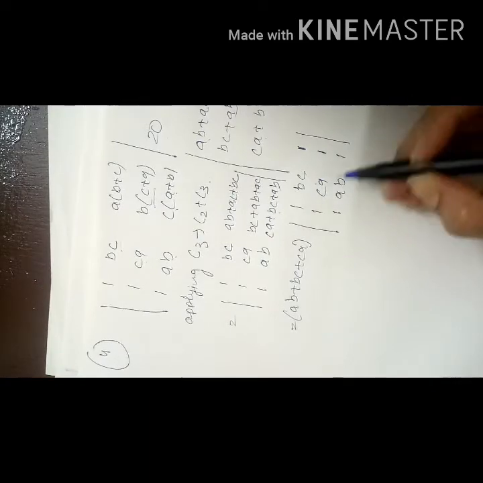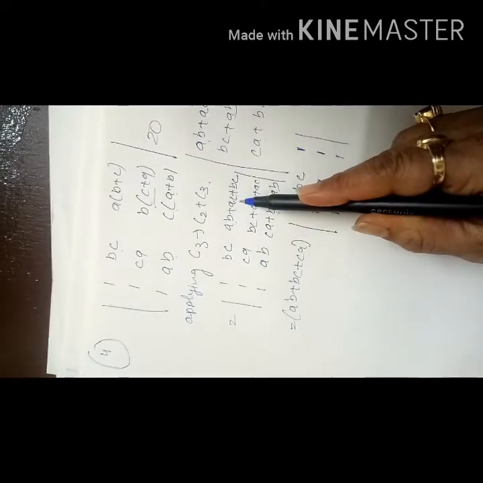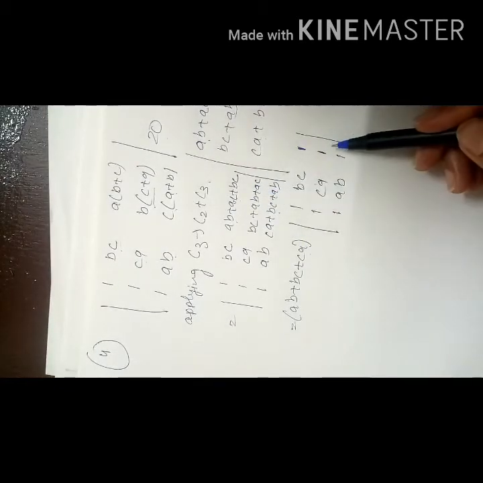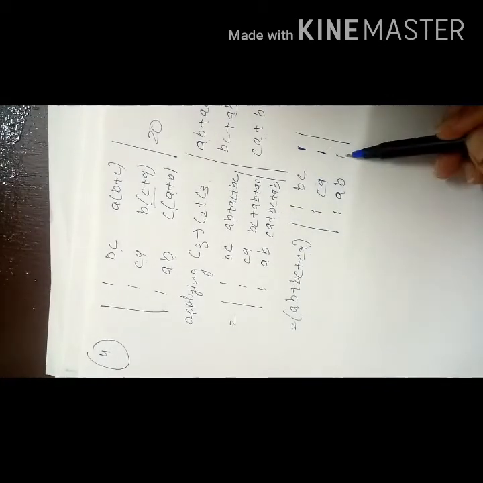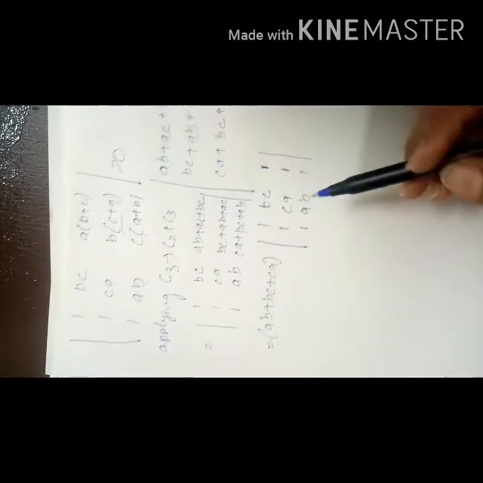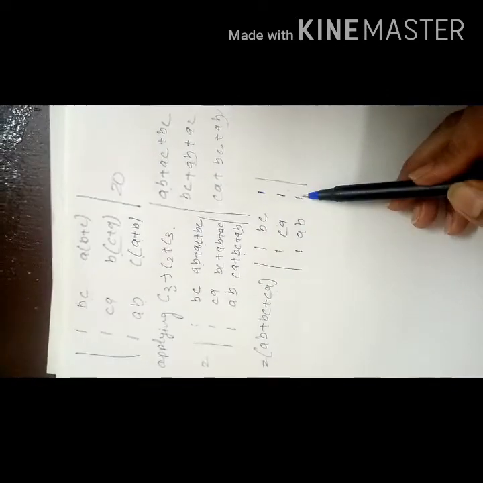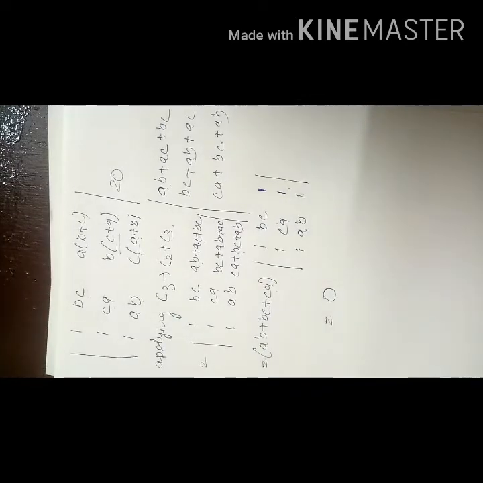Common means we divide this number by the common one, so what is left? 1. Divide this element by the common, what is left? 1. Again divide this element by the common, what is left? 1. And as I told you, if any two columns or rows are the same, the value of the determinant is 0. So this value will be 0.